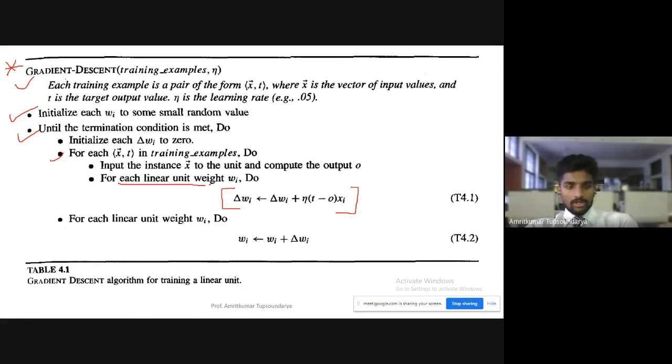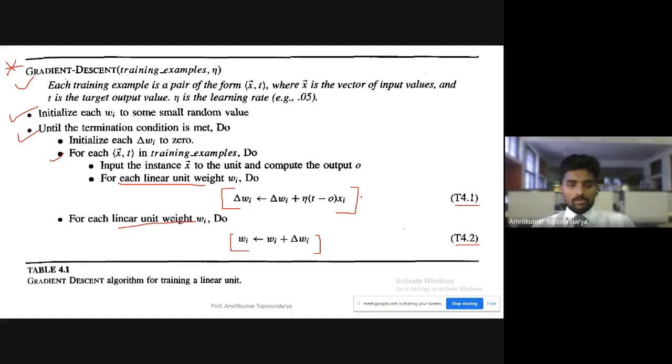This is the normal gradient descent algorithm, in which we consider the linear unit weight Wi. So the change in the linear weight becomes this formula, and accordingly each linear unit weight Wi becomes this. But equation T4.1 and equation T4.2 can be replaced to perform the similar action, using the concept of stochastic gradient descent.